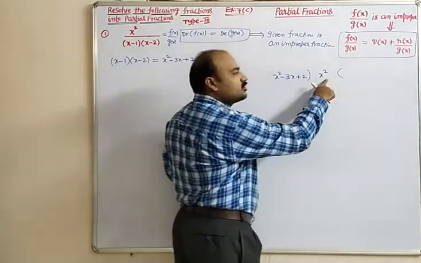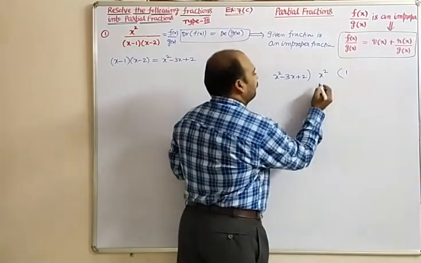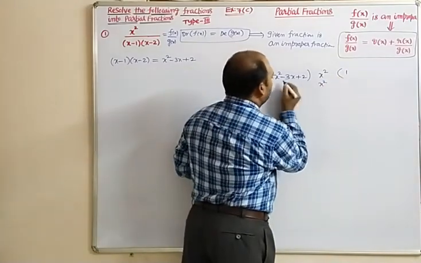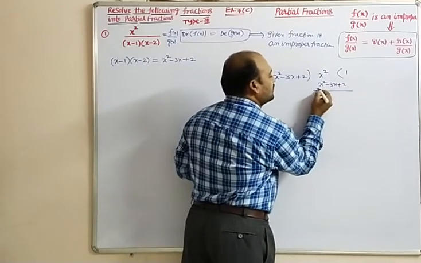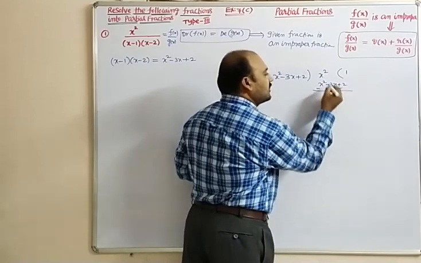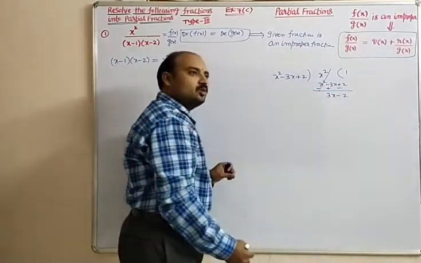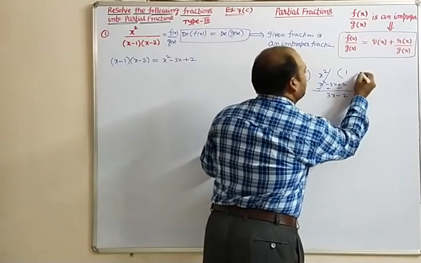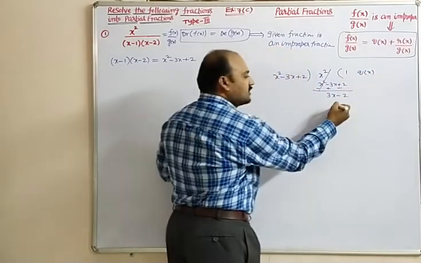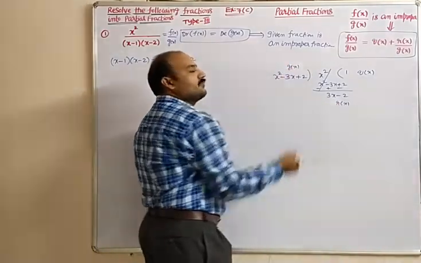How many times does it divide? Only one time. 1 times x squared minus 3x plus 2. While subtracting, the signs change: minus, plus, minus. These two will be cancelled. We get 3x minus 2. Now this one is q of x, the quotient. This is r of x. This is g of x.